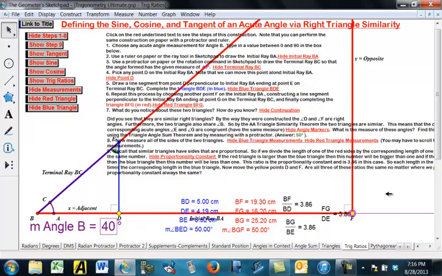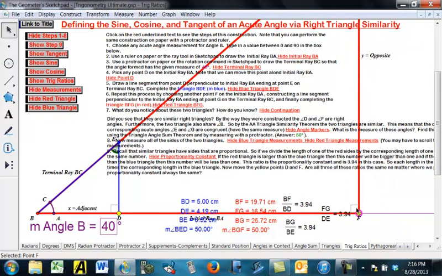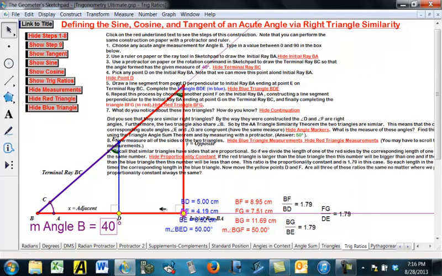Or they could be out here somewhere where they're 4 times as big, 3.94. Somewhere out here we reach 4 times the size of the other one, or it could be any number here. Of course, if D and F are the same, then this proportionality constant is actually 1.